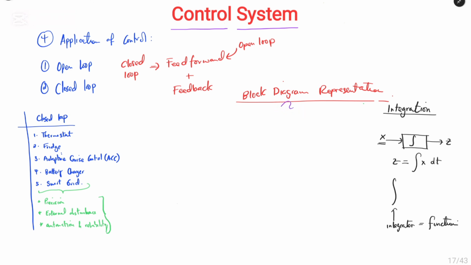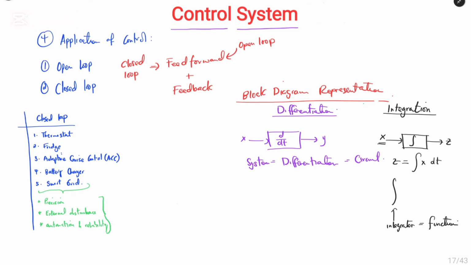And finally, we will look at differentiation. Differentiation is also a function, and this function is represented as d on dt. When we have input x which produces output y, the system is a differentiator.